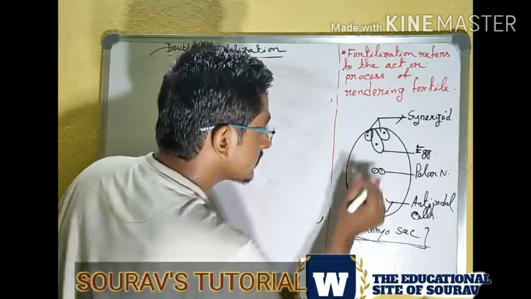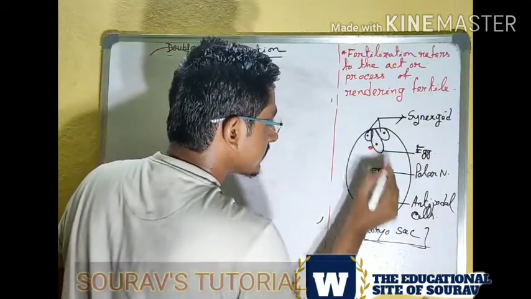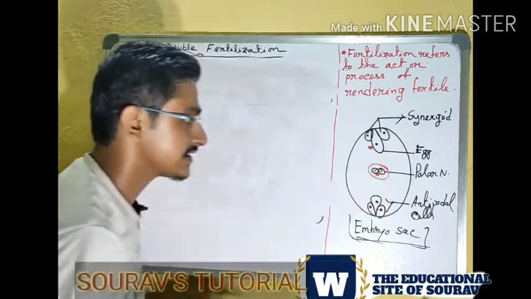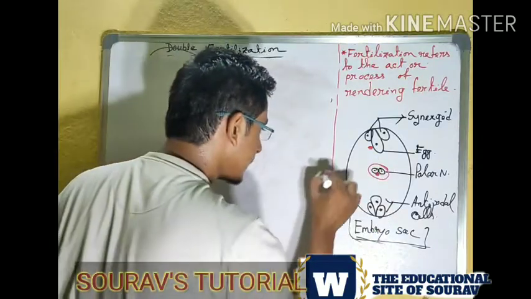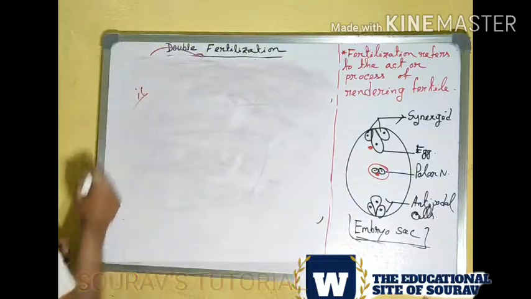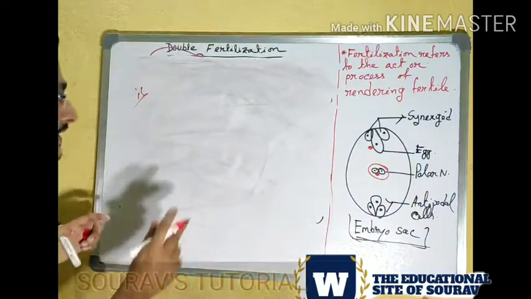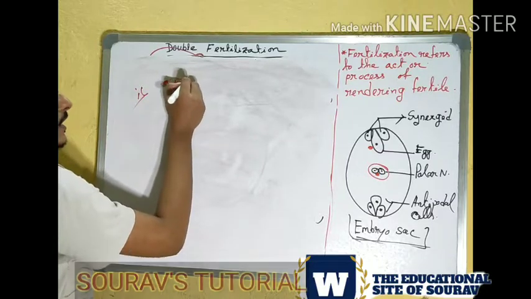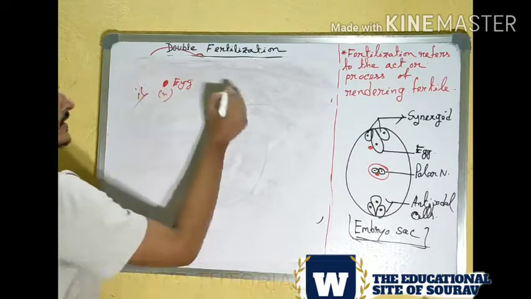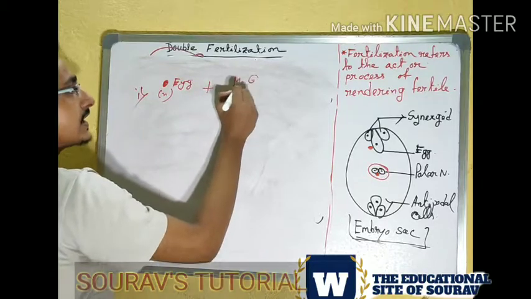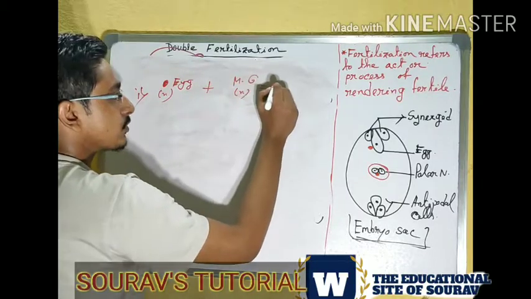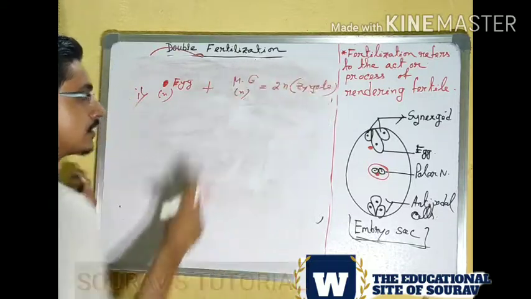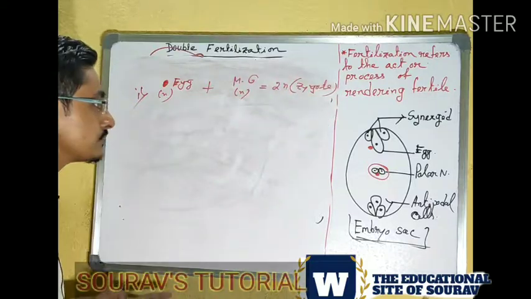Suppose there is a male gamete, and it will combine with the egg. That is the event that happened till now. First, the egg which is N plus the male gamete which is N form a 2N, that is called the zygote.